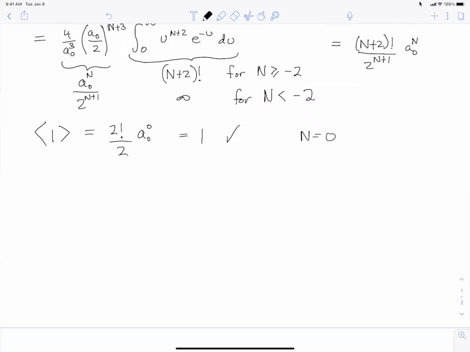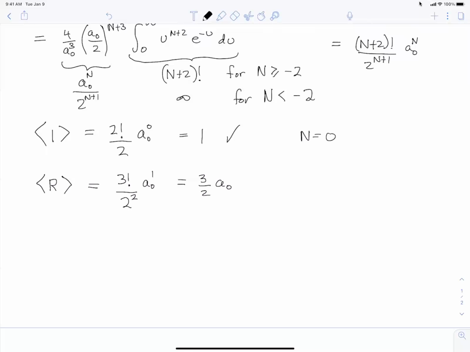Okay, so this was n equals 0. We can also do the expectation value of r to the first power, which according to our formula is 3 factorial divided by 2 to the 2 times the Bohr radius to the first power. And so that's 3/2 times the Bohr radius.